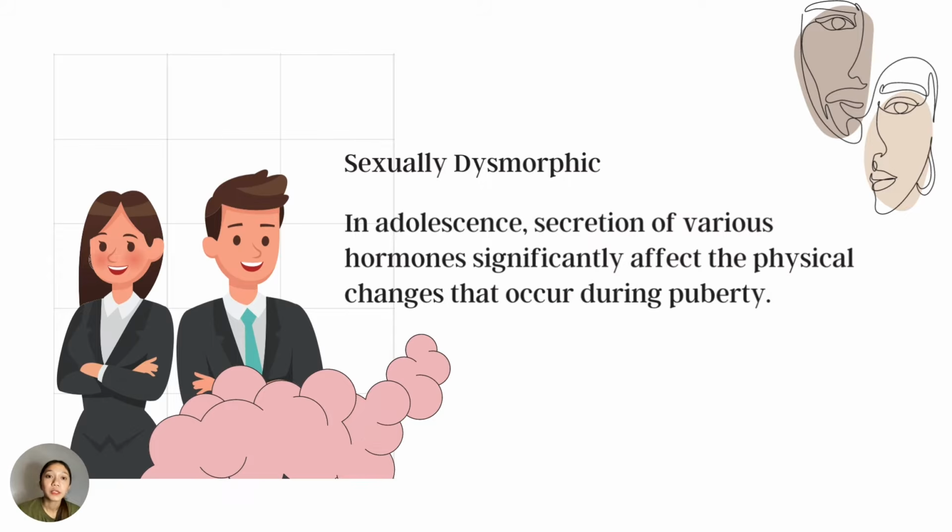Okay? So in adolescents, secretion of various hormones significantly affects the physical changes that occur during puberty. It is said that hormones impact almost all aspects of adolescents' development. It is the time of growth when weight and height rapidly increase.